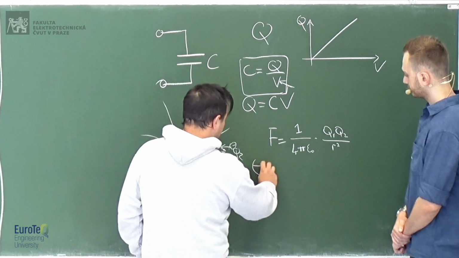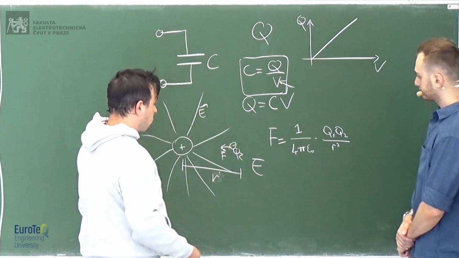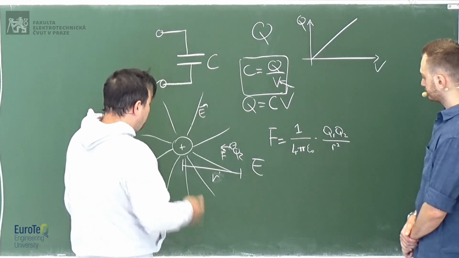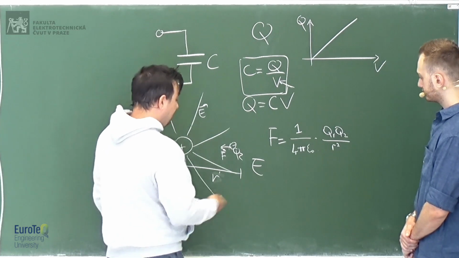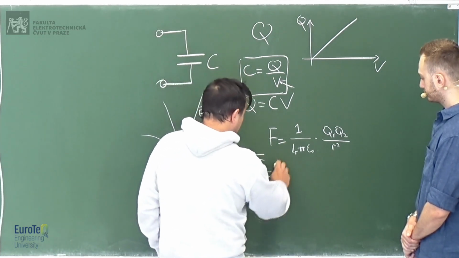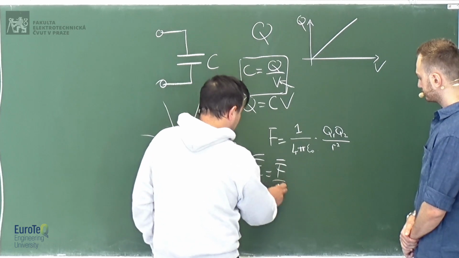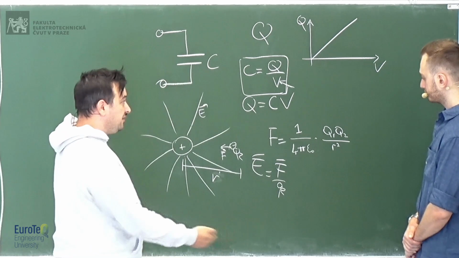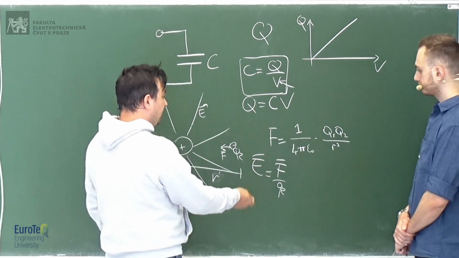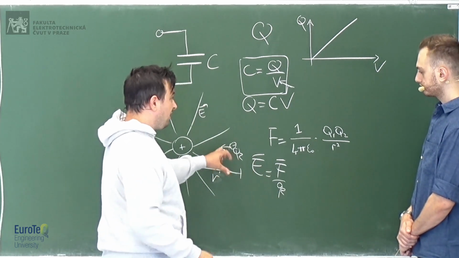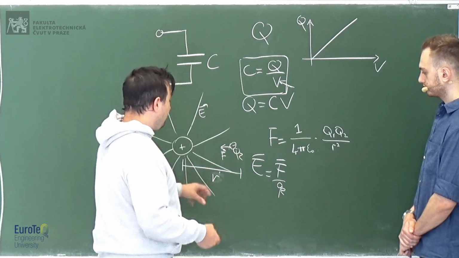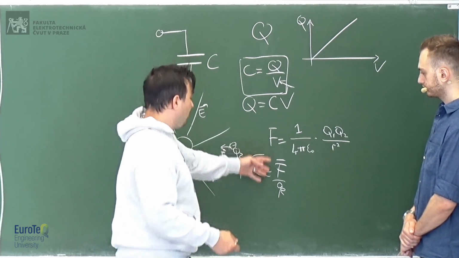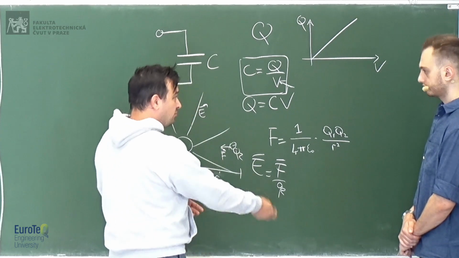The electric field: you put there a charge, you feel a force, and the electric field is defined as this force that you feel divided by the charge, in this case Q2, that you put there to test the field. Take a charge, you put it there, you feel a force. The bigger the charge, the bigger the force, and therefore you define the electric field as how much force you get divided by the charge that you put there to test.